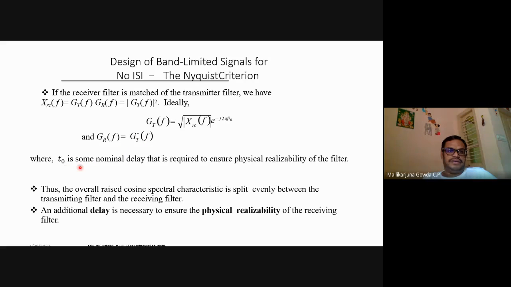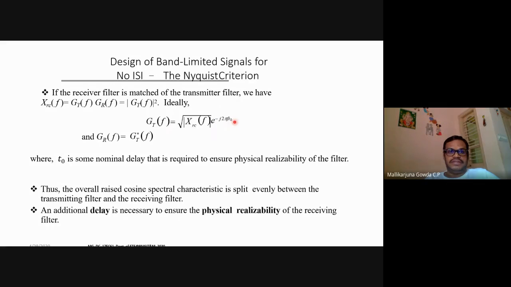Here I have taken T naught as the nominal time delay required to ensure the physical realizability of the filter. So I have written GT of f, the frequency response of the transmitting filter, as the square root of X RC of f, the raised cosine roll-off filter frequency response, times e to the power minus j 2 pi f T naught.